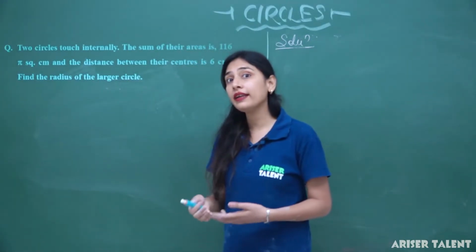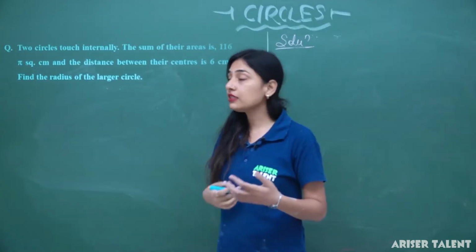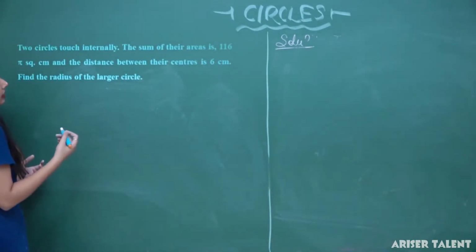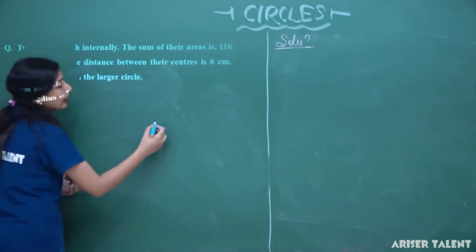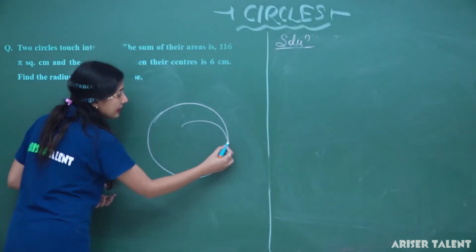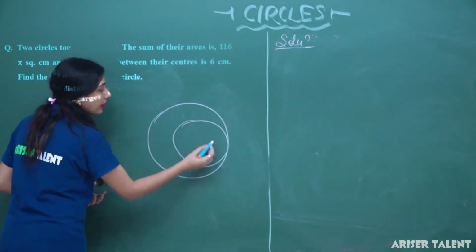So you have to find the larger circle's radius. Now two circles touch internally. That means this is one circle and this is the second circle, right?